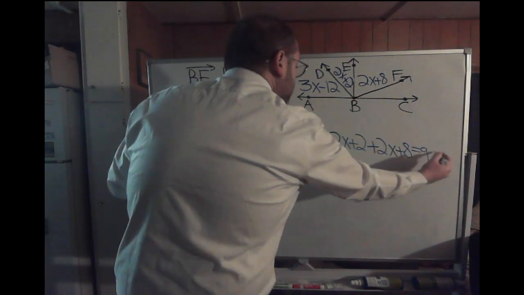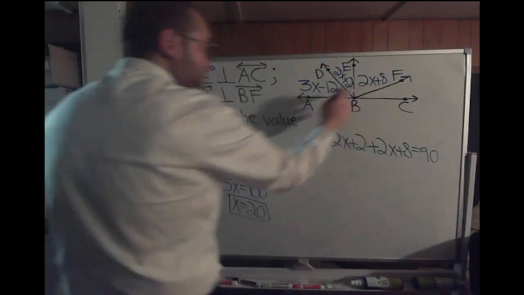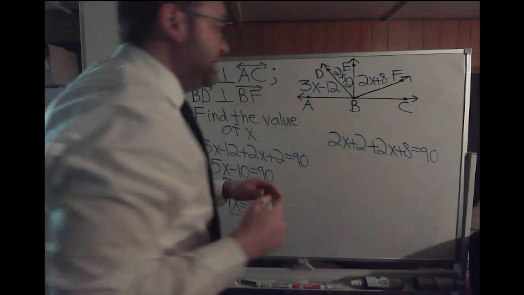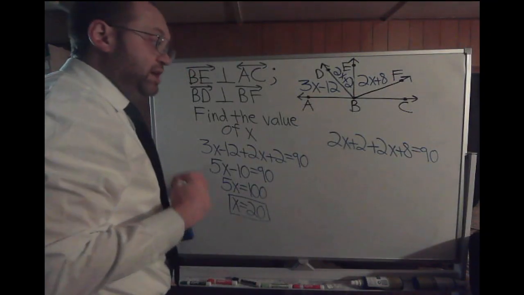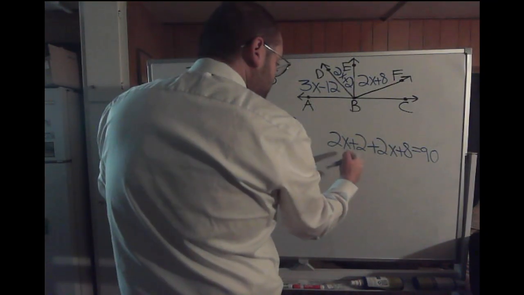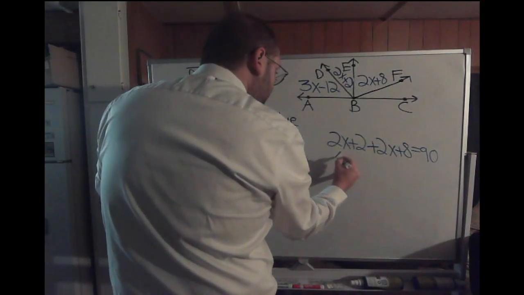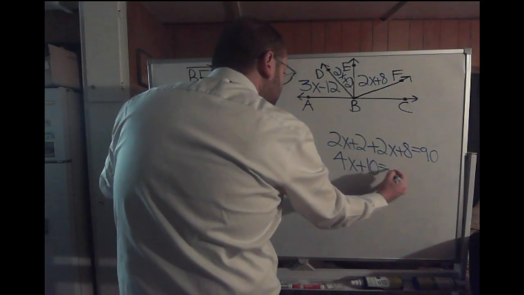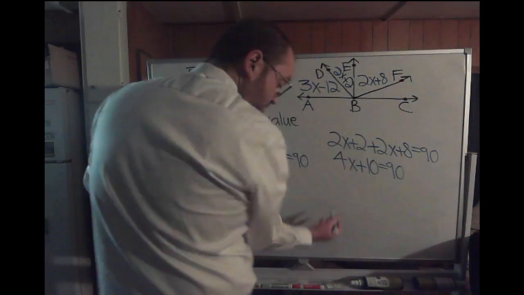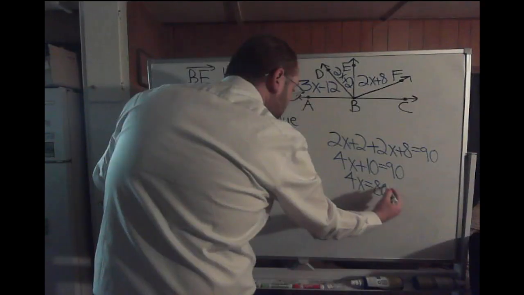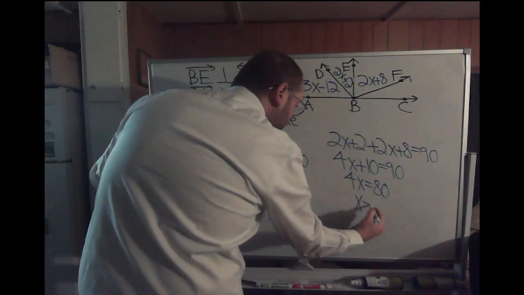Since those are perpendicular, if you take this route, that means you're going to throw out the 3x minus 12. You don't need that. So as I said, they will try to trick you. You got to be very careful. So simplify this here, you would have 4x plus 10 is equal to 90, which means 4x equals 80, which also means that x equals 20.